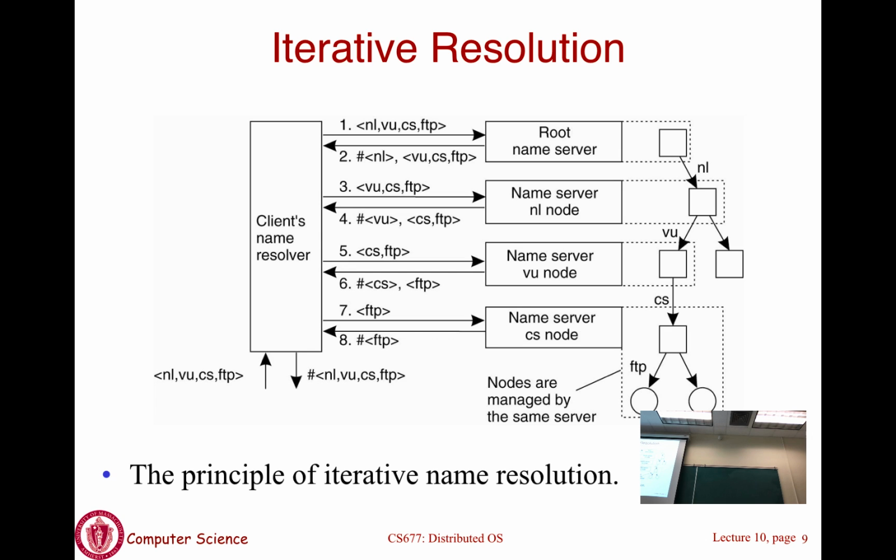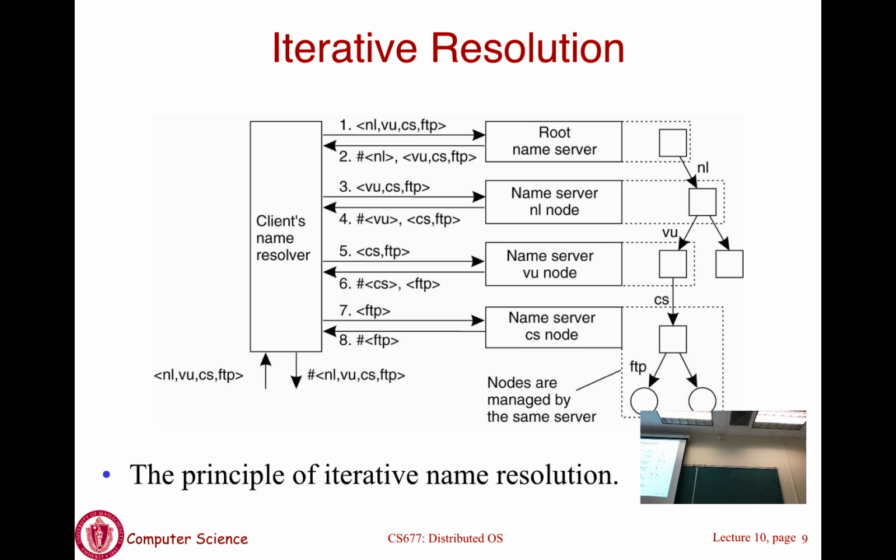So, there are multiple long RTTs in iterative, there are fewer long RTTs in recursive if the geographic distance between the client and the name you are trying to resolve is far. If they are close to one another, then this may be less of an issue. But there are often names that you will resolve that are in a different continent. That is one issue with iterative name resolution.